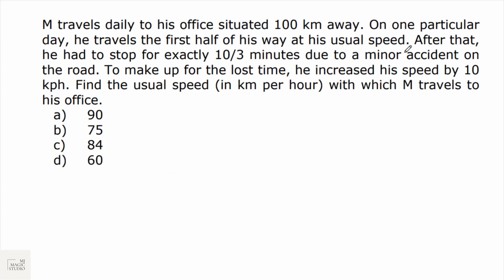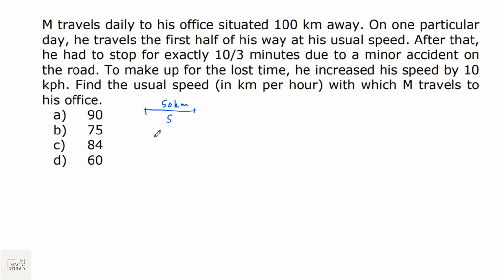So let's check the next one on the screen from time, speed and distance. Give it a try. M travels daily to his office situated 100 km away. On one particular day, he travels the first half, that is 50 km, at his usual speed.